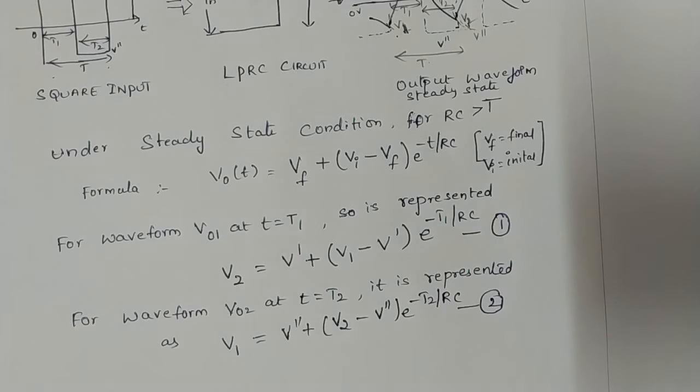If the input square wave is symmetrical, what is meant by symmetrical? Both the positive half cycle and negative half cycle are equal, the time periods are equal and the amplitudes are equal. Then that waveform is called a square wave.